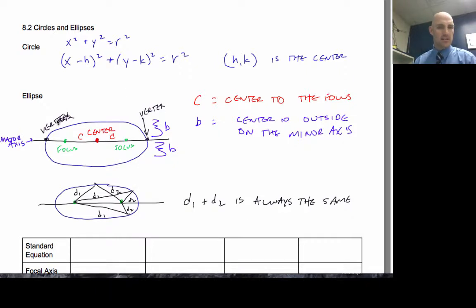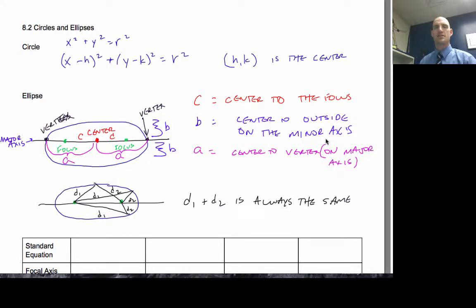And that distance from the vertex to the center, this is distance A. That's distance A. So A is from the center to the vertex on the major axis.